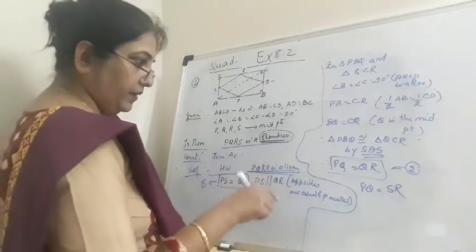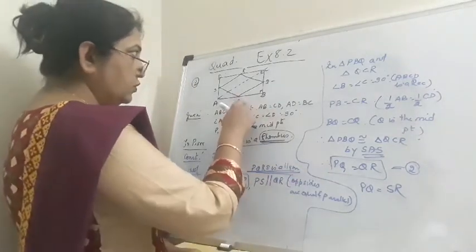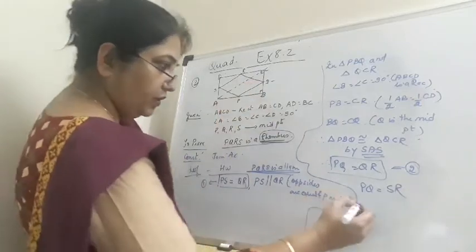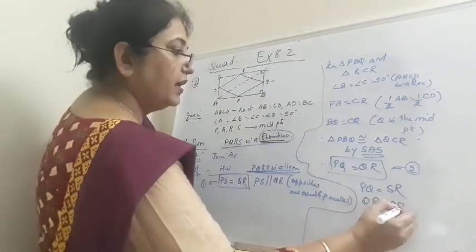Now, if I compare PQ is equal to QR, we also know that QR is equal to PS.